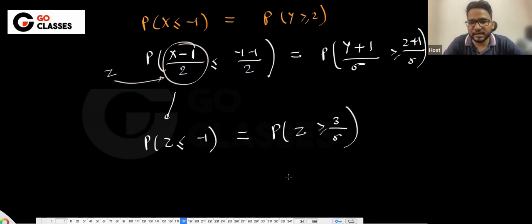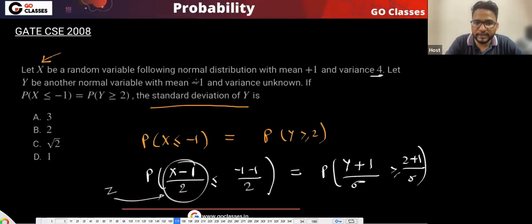This is a nice identity. Since the mean is minus 1, it will be y plus 1.